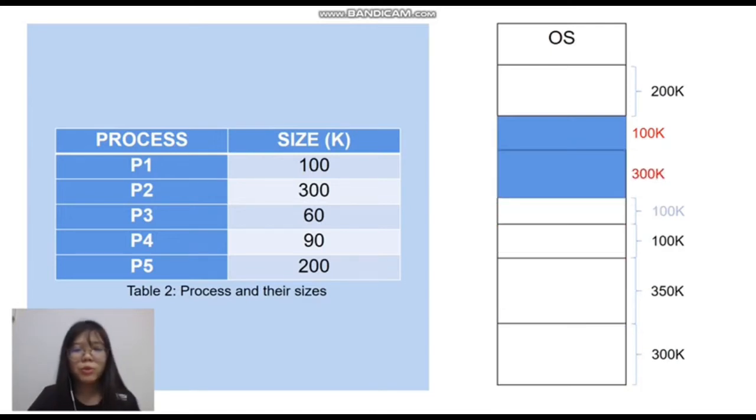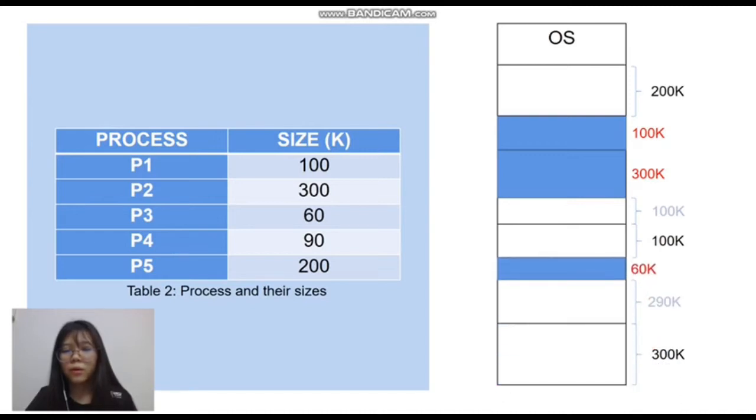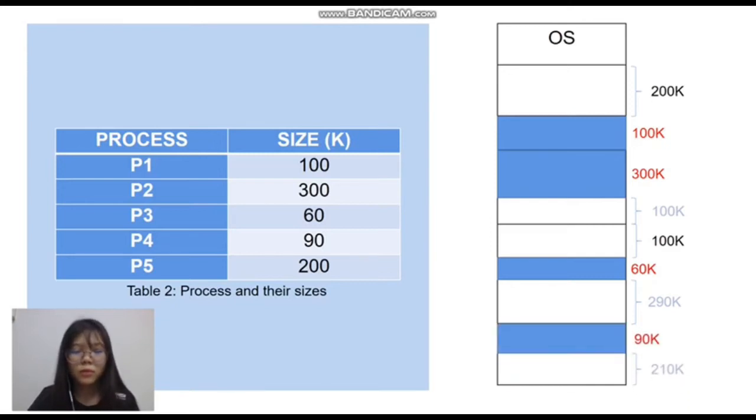Then P3 will be inserted into the fourth block with the largest hole, which is 350K, and the same goes for P4. And now P5 will be inserted into the internal fragmentation of the fourth block, which is 290K.